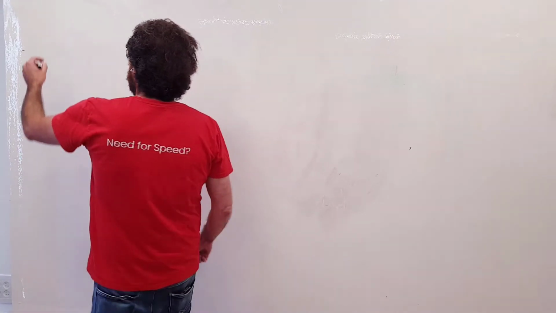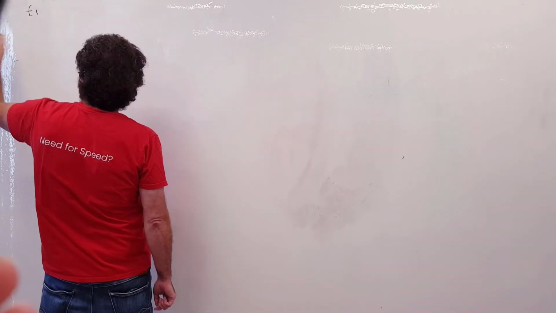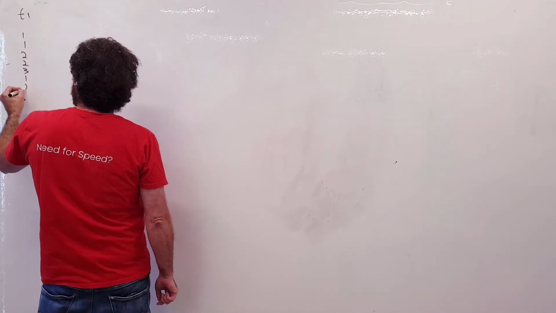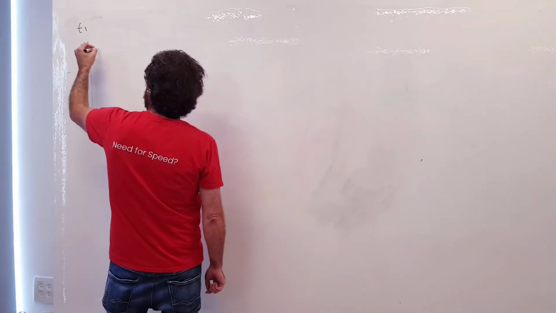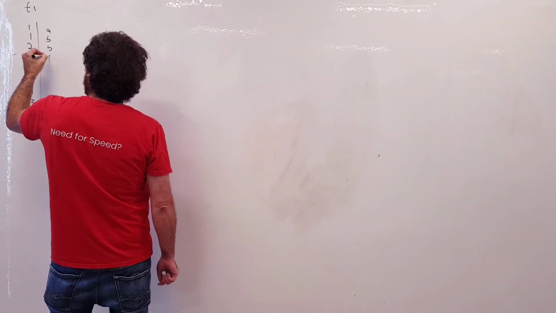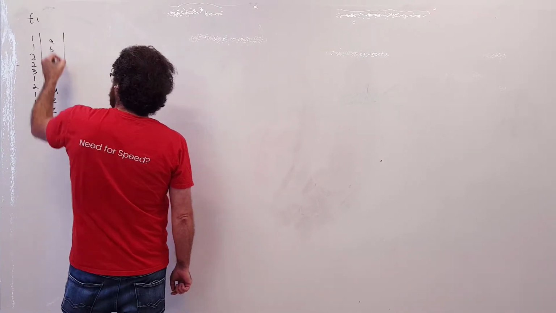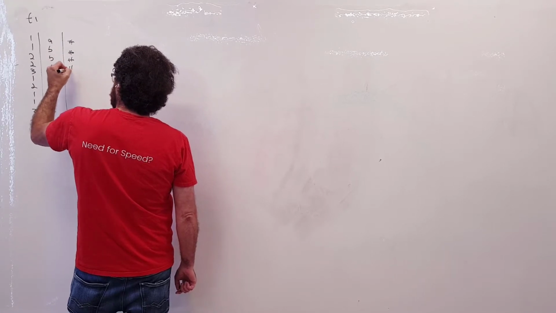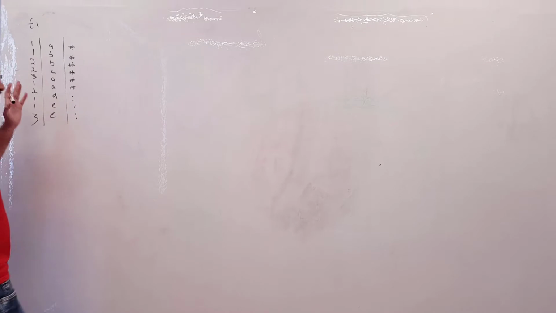So let's start with the basics. Let's draw a table. Call it T1. So this would be our logical table.